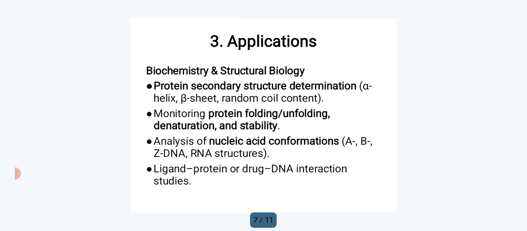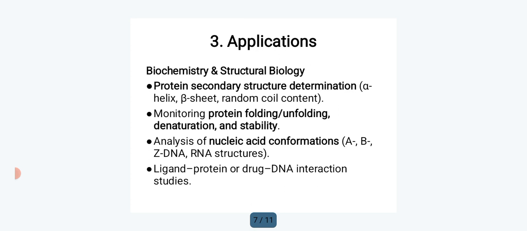Next, the most important part: what are the applications? Where is CD spectroscopy used? The first one is biochemistry and structural biology. Many laboratories use it for isolating and eluting samples like protein, DNA, and RNA.